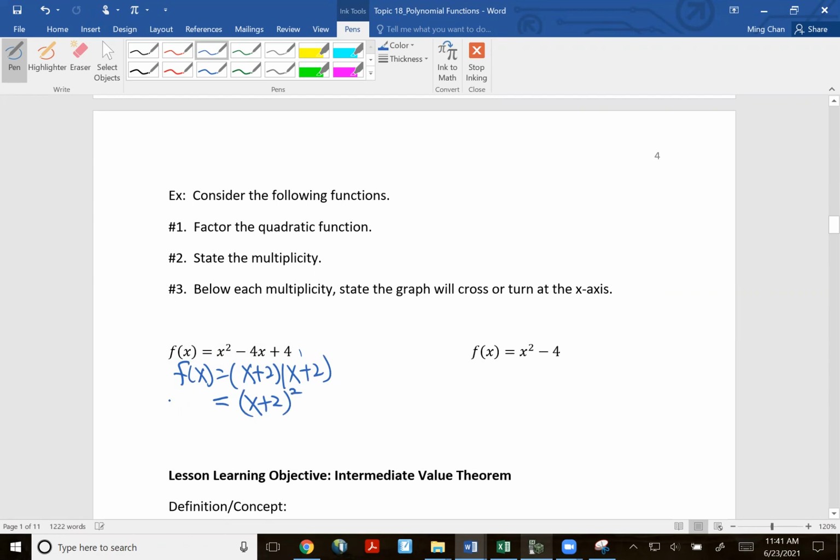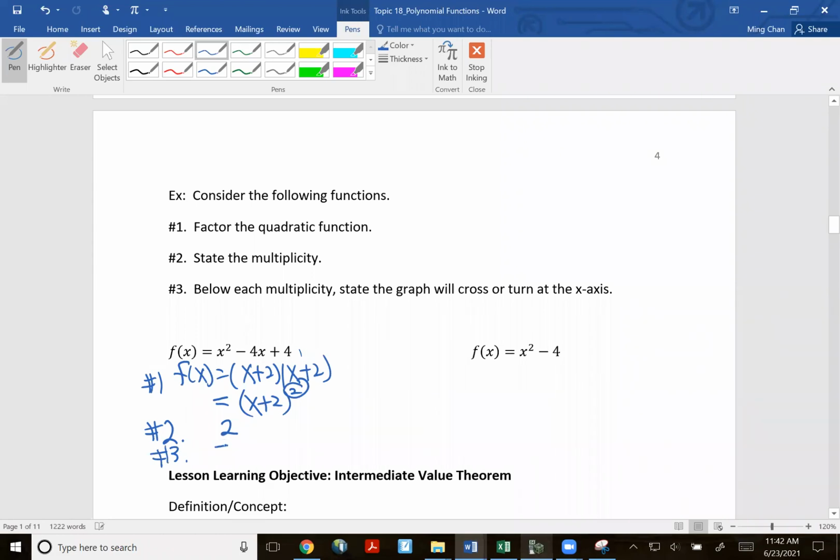So the multiplicity is even. You can say 2. Okay, multiplicity is 2, the exponent on the factor. And right below that, you will tell me whether it will cross or turn.